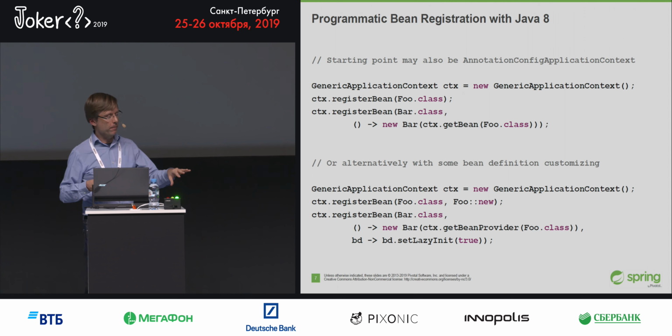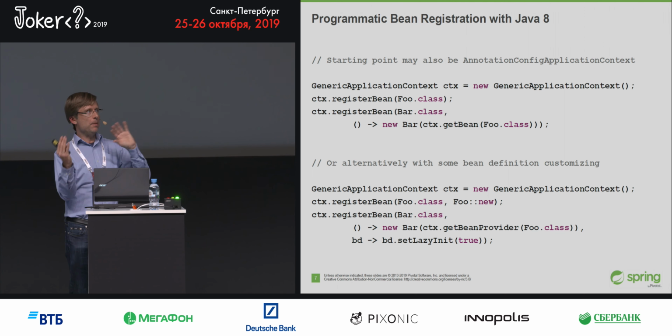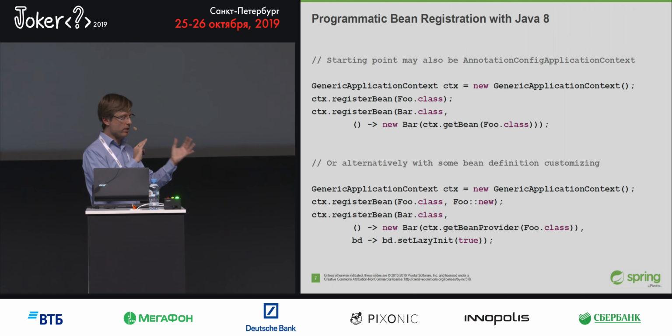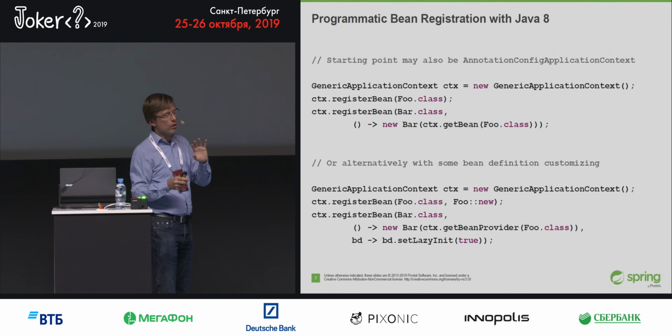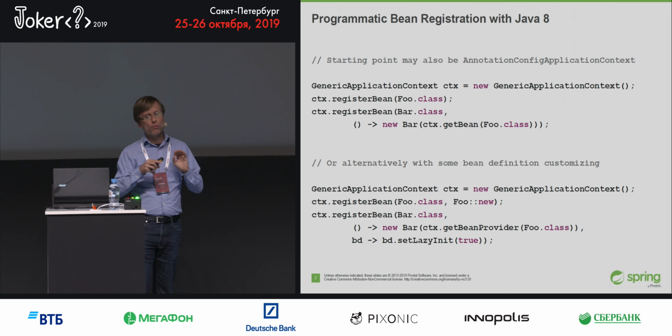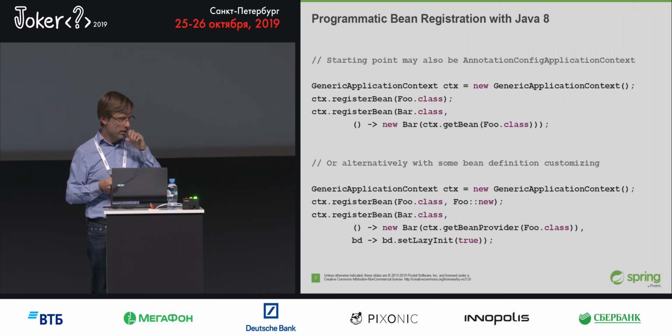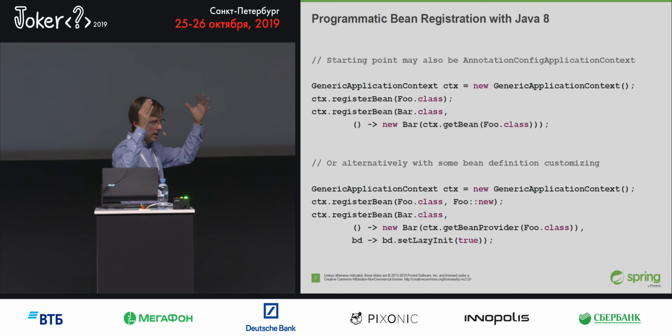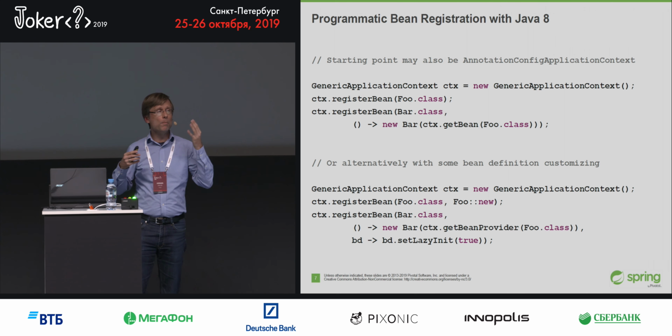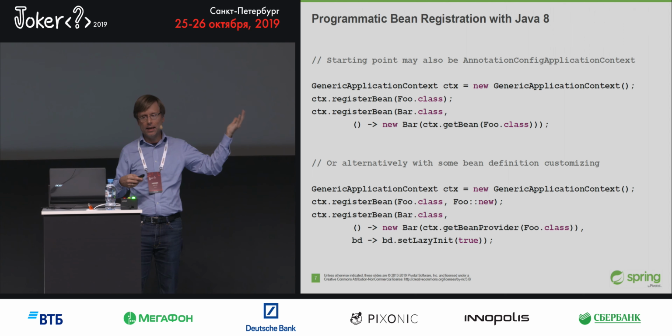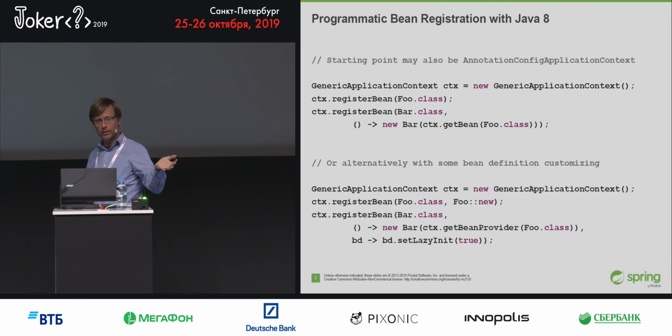In Spring Framework 5, to kind of complement the programmatic interaction with the container when retrieving beans, we also have nice overloads now for registering beans with the container. Say the register bean methods shown here, they basically just take the component class, or they take the component class and what we call an instance supplier.